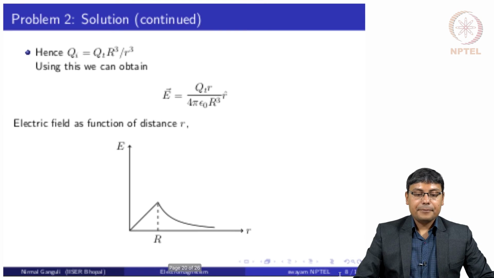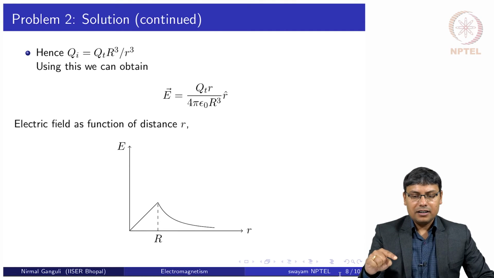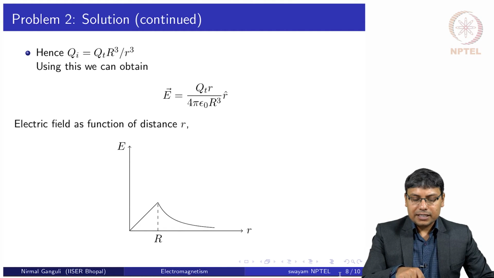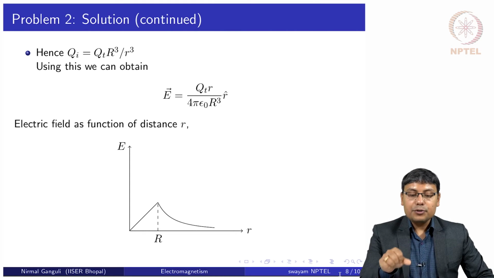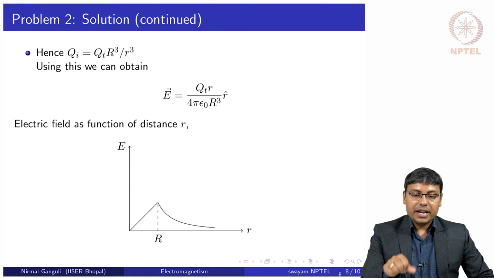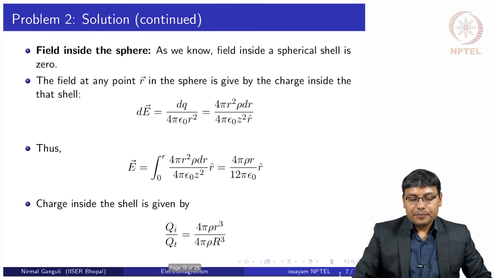And now we are supposed to plot the electric field as a function of small r. If we do that, inside we can see that the electric field is linear in small r. So, the electric field increases as we increase r up to capital R, and it takes the maximum at capital R. What about outside?